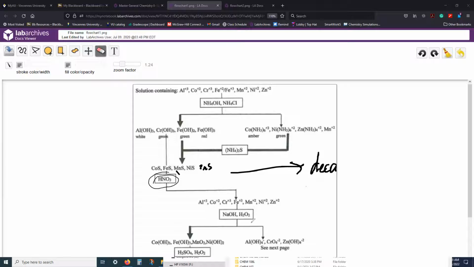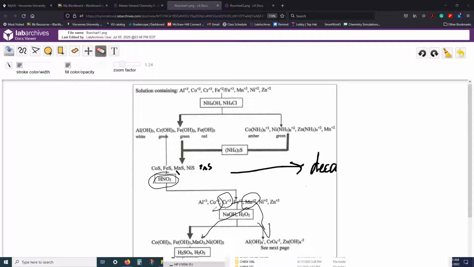We're going to hit them again with base and with peroxide. The peroxide is going to help oxidize the chromium into the chromate. It's going to fix the manganese's state and turn it into manganese 4.